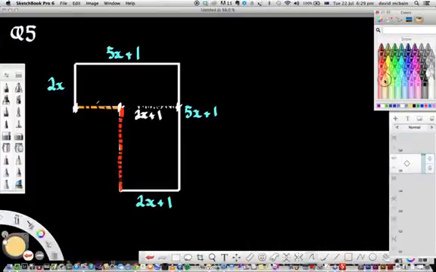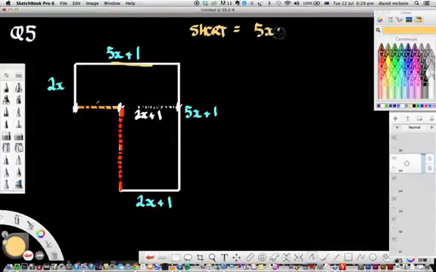So the orange bit is going to equal, that's the shorter dashed line, so the short side is going to equal the long side here, 5x plus 1, take away, now because we're taking away a side, the length of the side is 2x plus 1, so I need to put that in brackets.